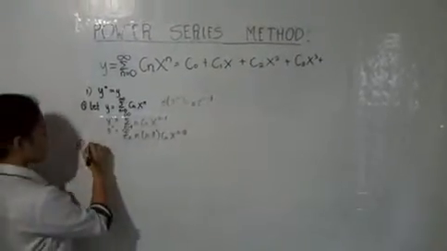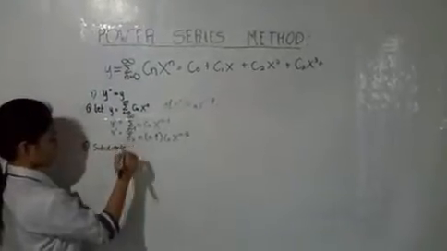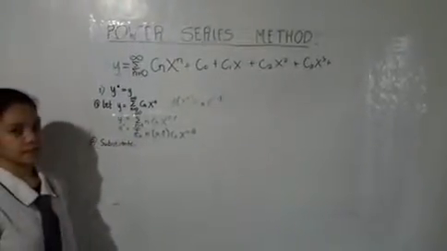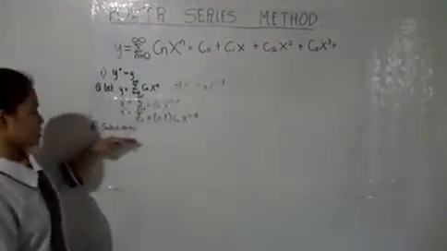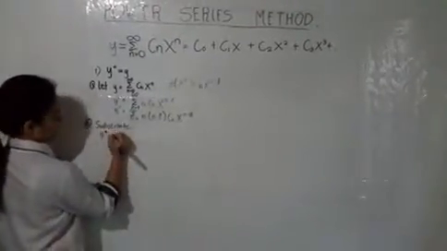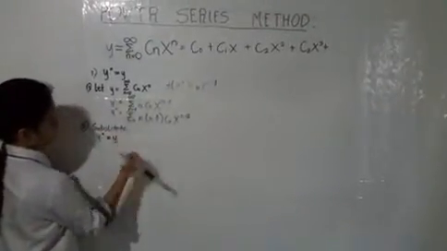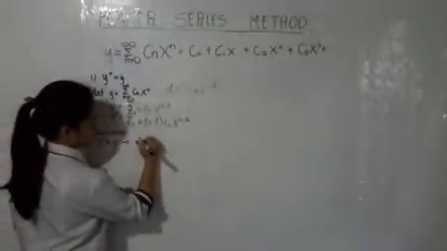Second step is to substitute. Step 2, we will substitute the values. We have y, the second derivative of y, is equal to y. We equate the equation to 0.